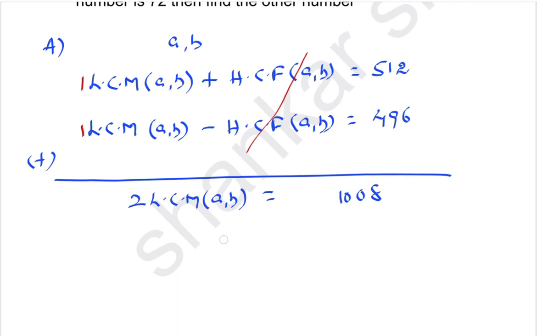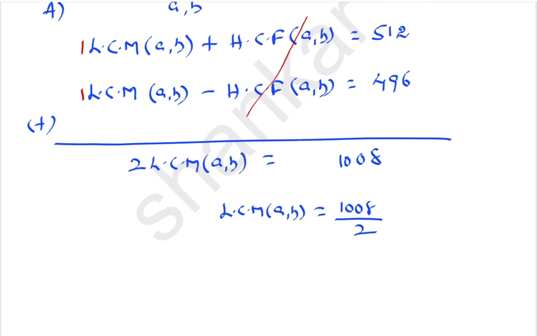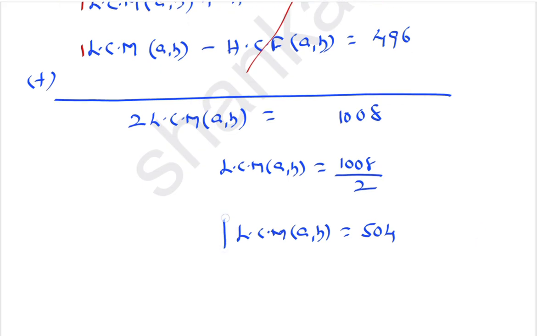Therefore LCM of a, b will be 1008 by 2, that is 504. So we got the LCM.